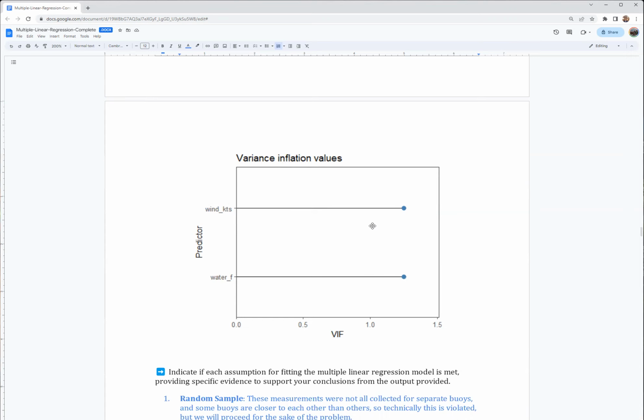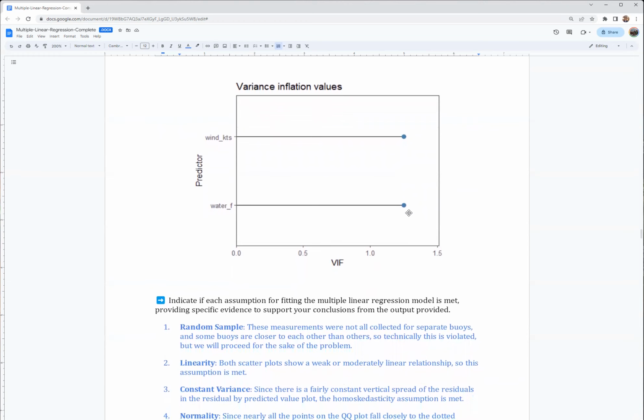But that's not necessarily the case if you have 3 or more predictors in the model.